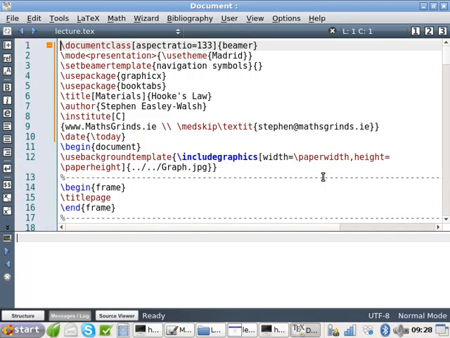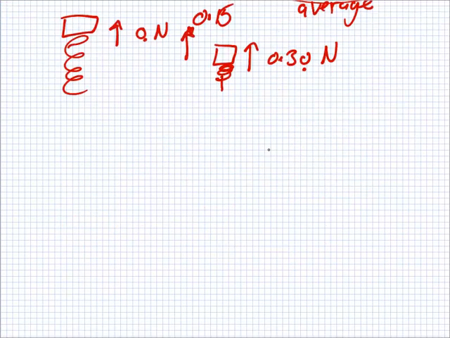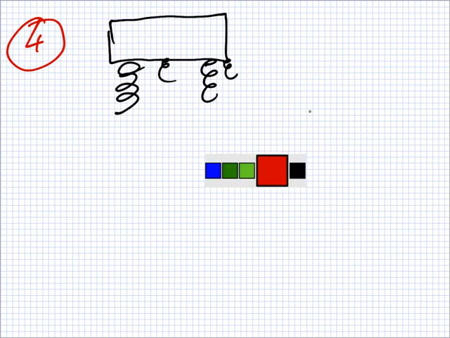So what happens here, you have 4 springs for the car. This is my springs on my car. And I also told you the mass of the people, but I didn't need to tell you that either.